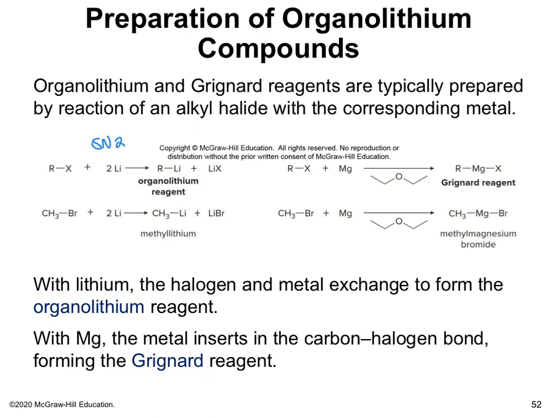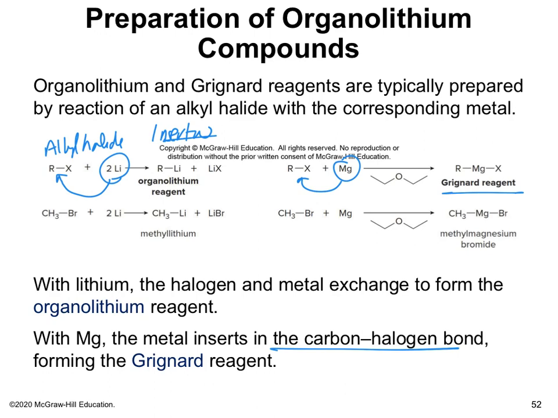Well, no, I said SN2 because your starting material is an alkyl halide, but this is actually called insertion. Lithium will just insert. Magnesium will just insert. So it inserts between the carbon-halogen bond.